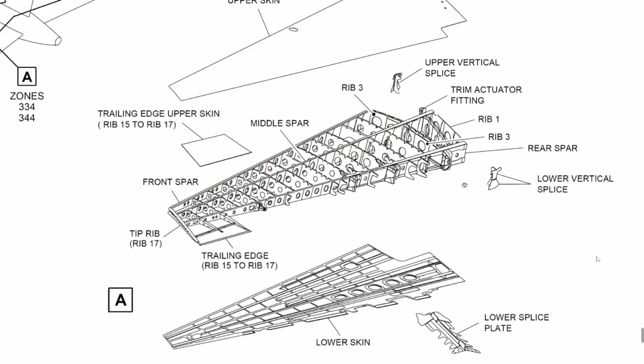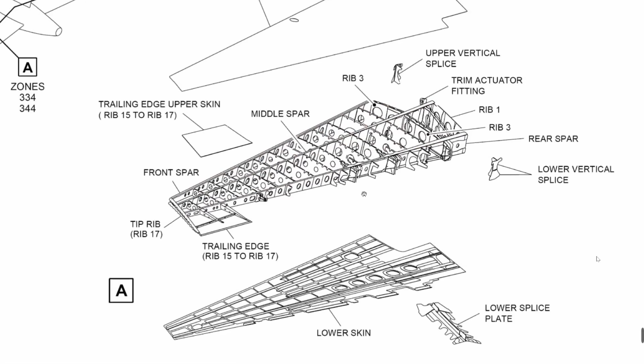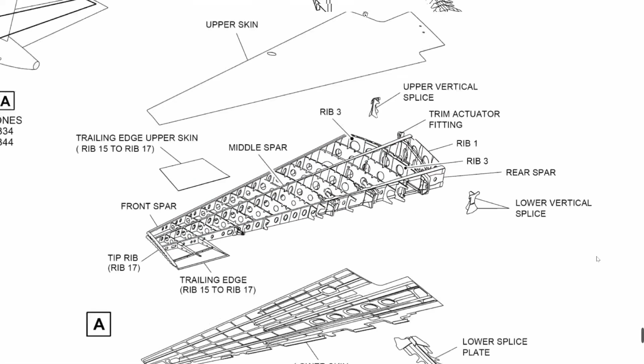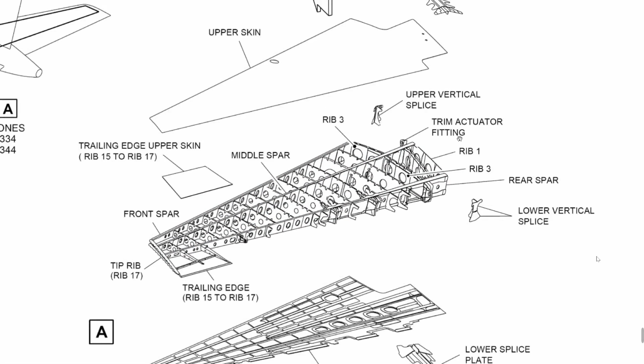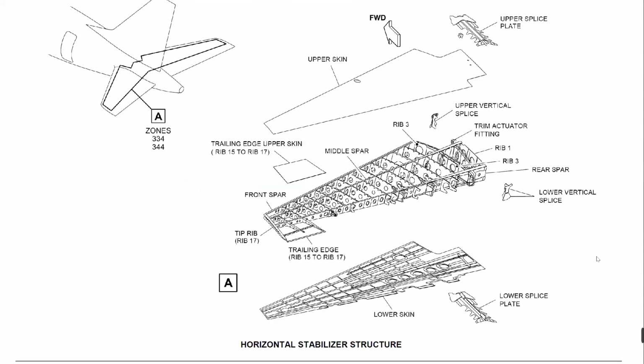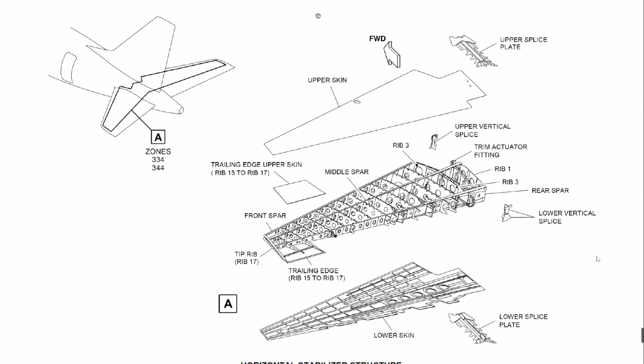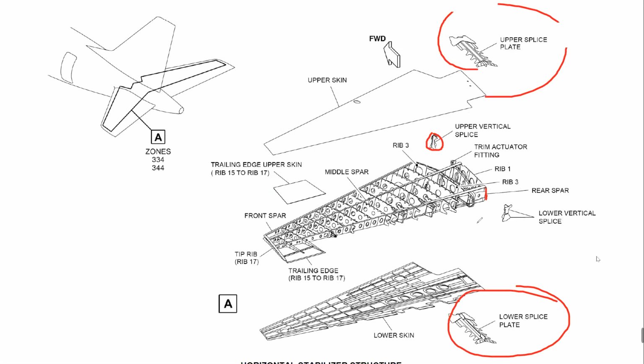These upper and lower skin panels are protecting the structure, and they provide this smoothness, of course, like the wing, to be flat and smooth, as I said. We have these splices which are coming together, as I said, to make both halves like one assembly. We have upper plate, lower plate, and in addition, we have these vertical splices here and here. So they are creating this one unit, the stabilizer, to be like one unit.